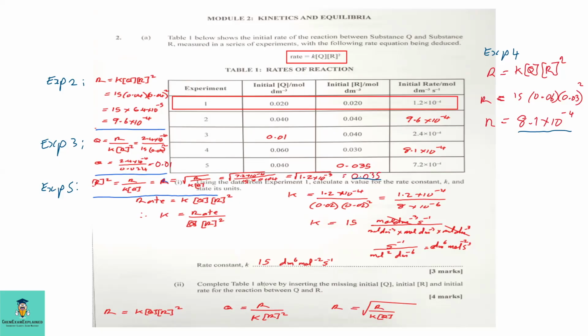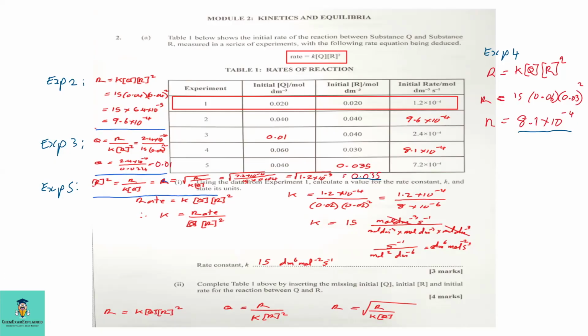If we are required to find the initial concentration of Q, from the rate equation, we can make Q the subject of the formula. And to find R, we'll do the same thing, make R the subject of the formula. Now, let's look at Q, then R, and then we can find the initial rates for experiments 2 and 3.